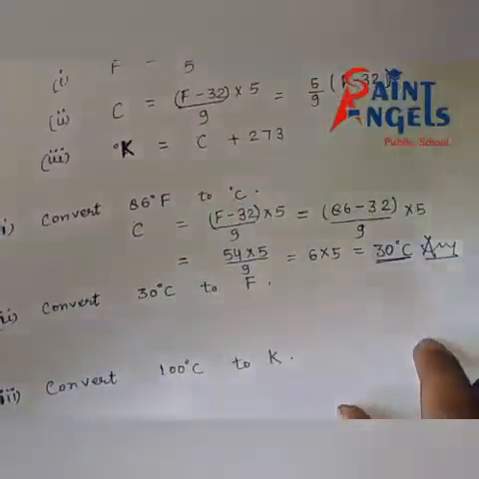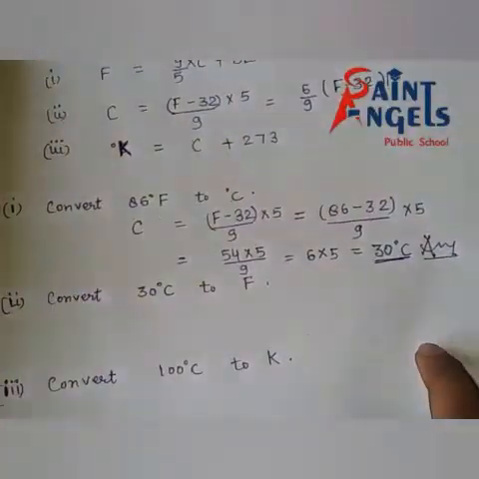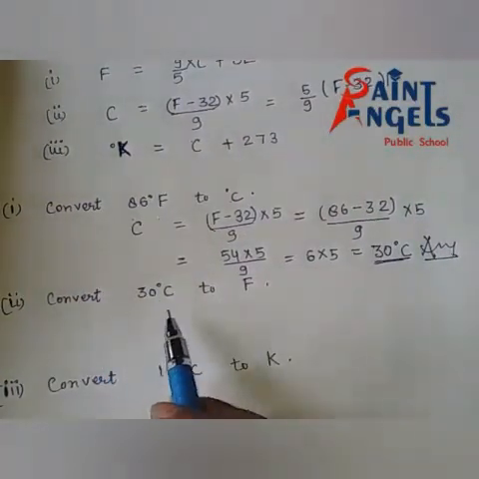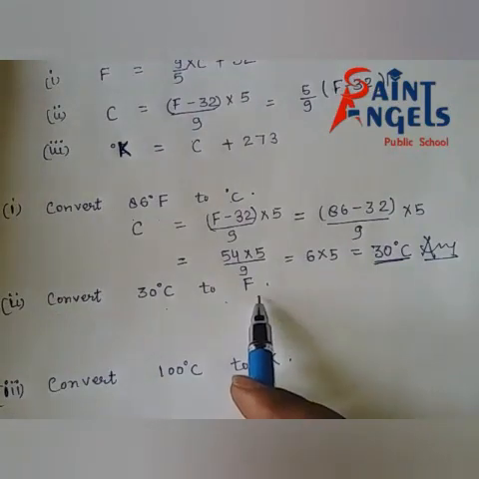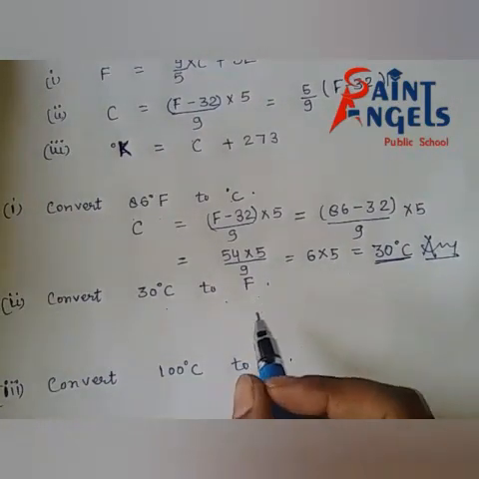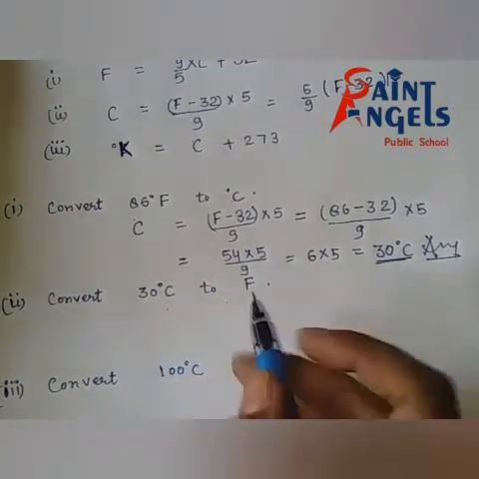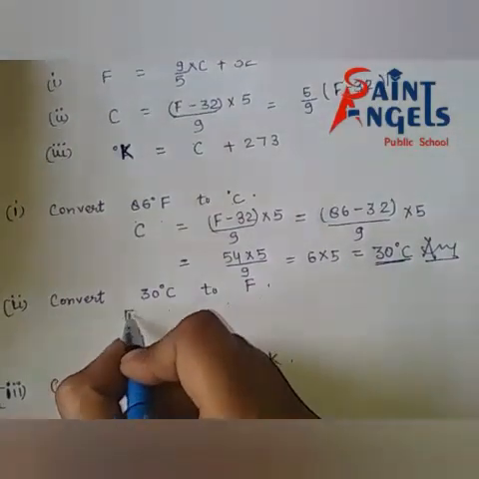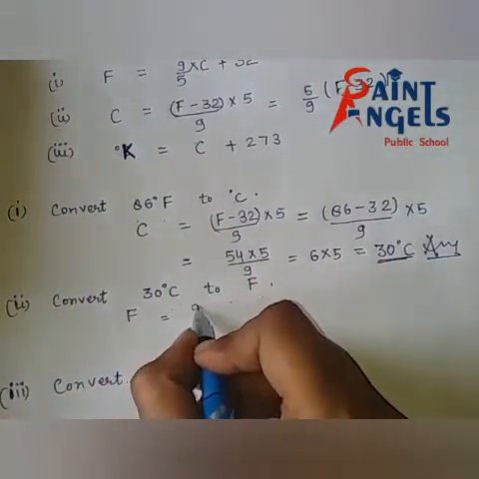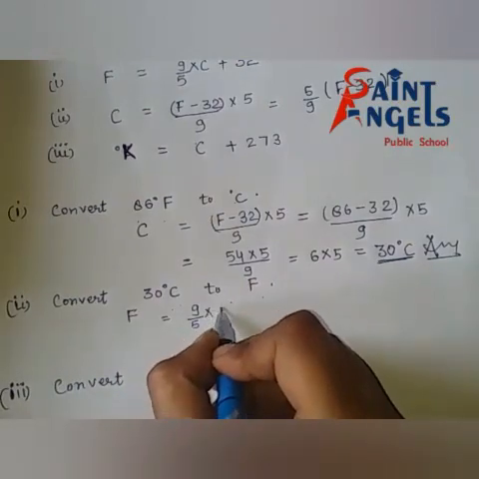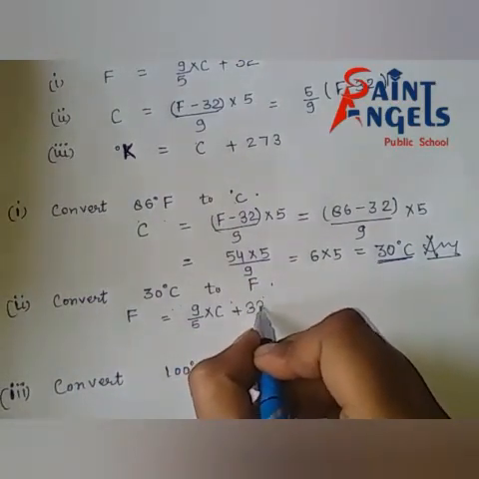Next, another example: convert 30 degree Celsius to Fahrenheit. So how can we convert it? Formula is Fahrenheit is equal to 9 upon 5 multiplied by C plus 32.